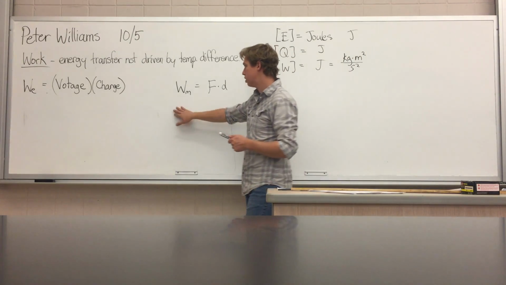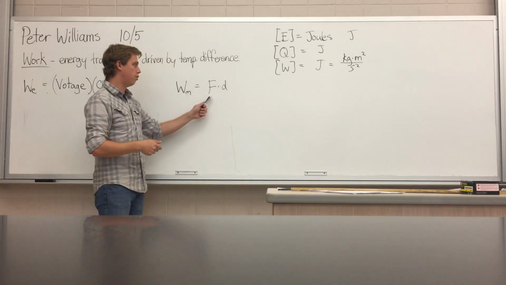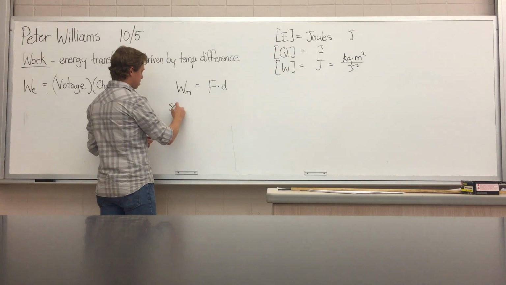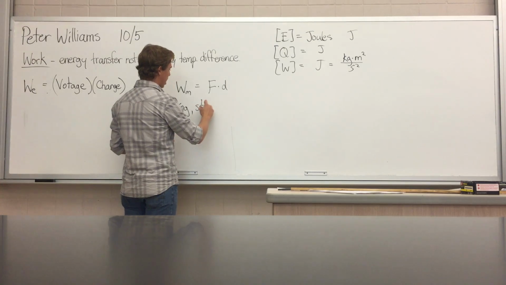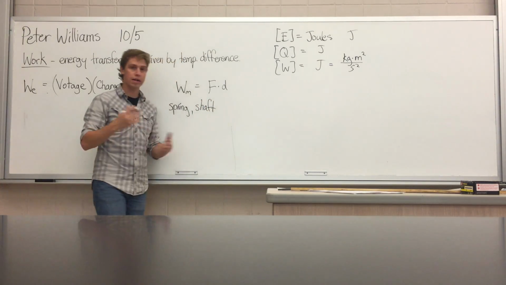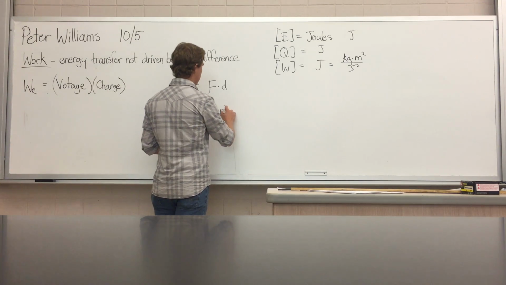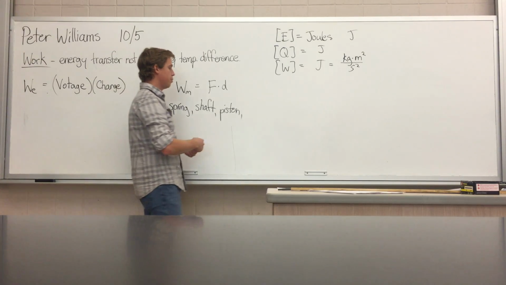So some examples that our book gives of work done by moving a force through a distance are springs, spring work, shaft work, like any sort of spinning turbine shaft or anything with a torque on it produces work. Any kind of piston, because it's got a force and it's moving through a distance.